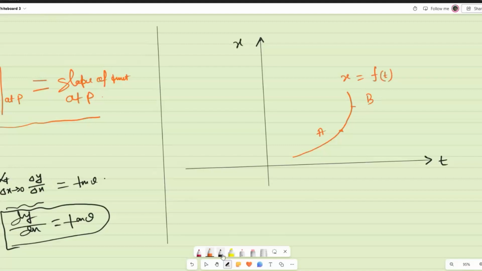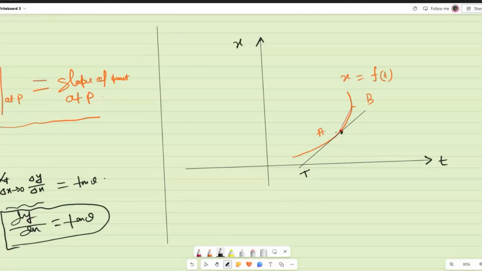Then if you draw this arc AB, obviously chord AB and arc AB are not coincident. If you draw a tangent at this point, this is the tangent at the point A.